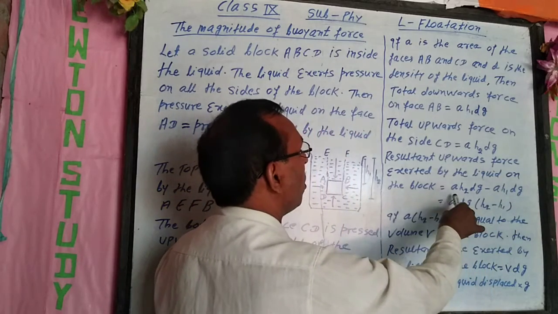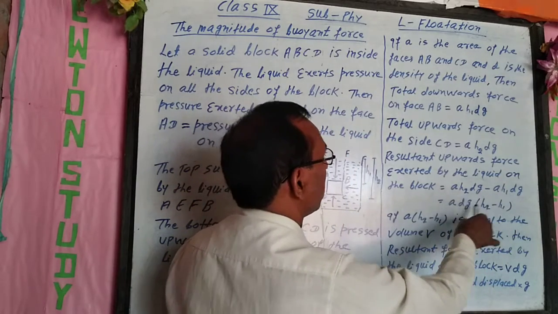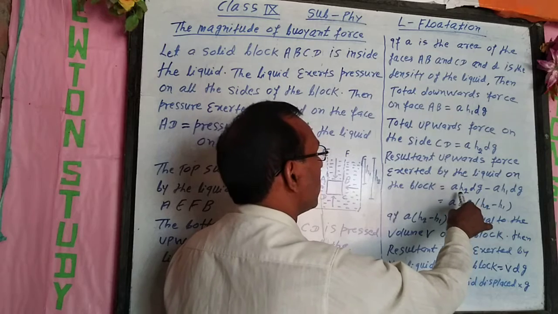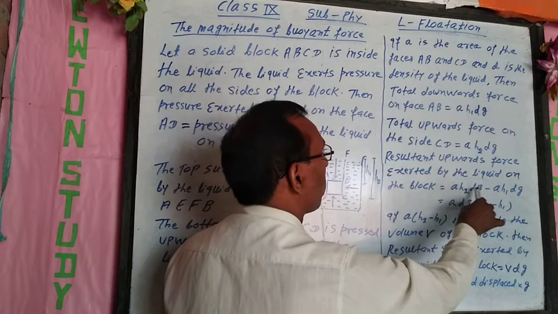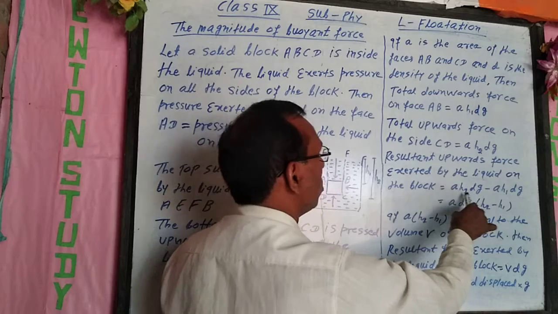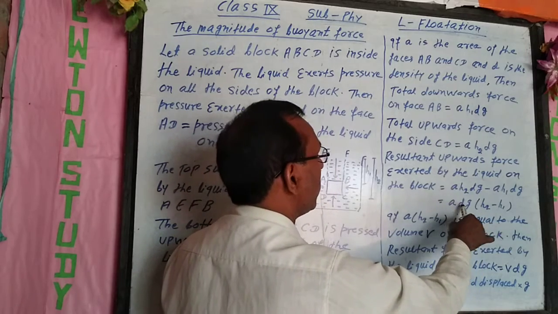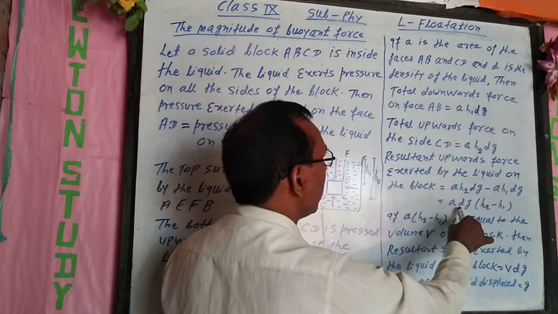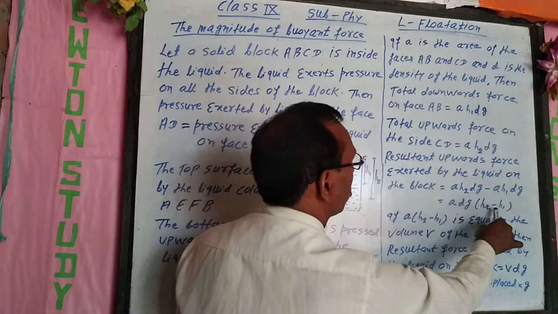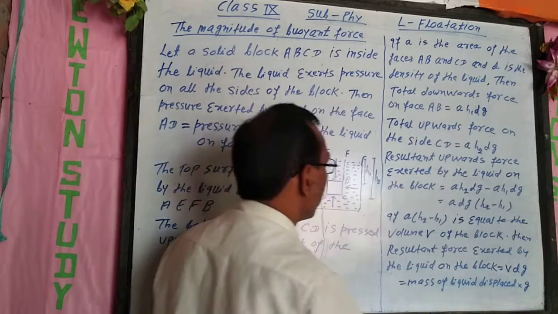We take AdG common because it is present in both terms. We find AdG into H2 minus H1.